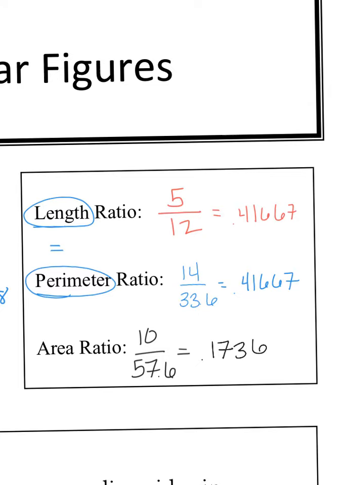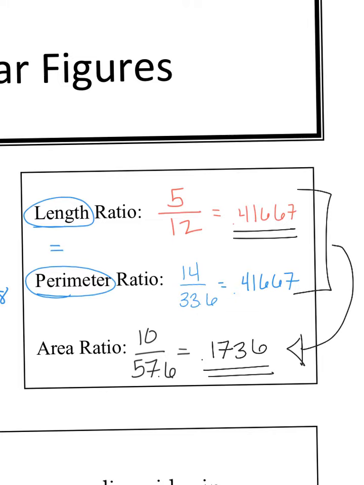So just to show what we're doing here, I want you to take 5 divided by 12 in your calculator and push enter. And then I want you to square that answer. So basically you are going to take 0.4167, square it, and you should get this. So to get down here, you are going to take your ratio, your A over B, and you are going to square that ratio, which should make sense because we're dealing with area.